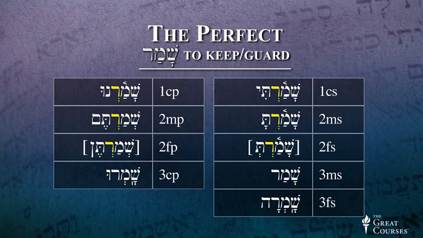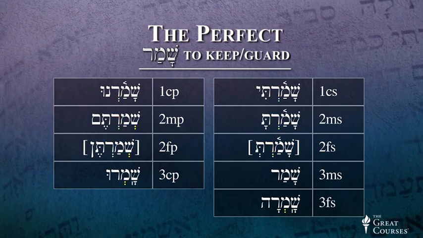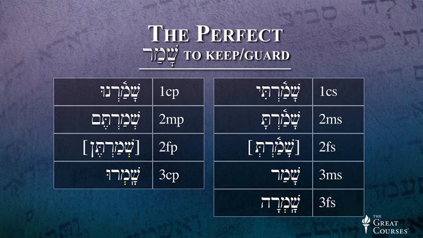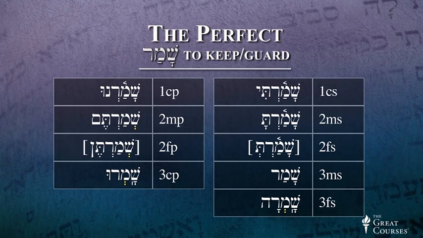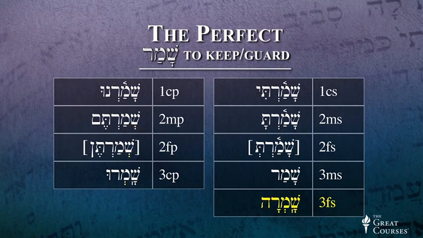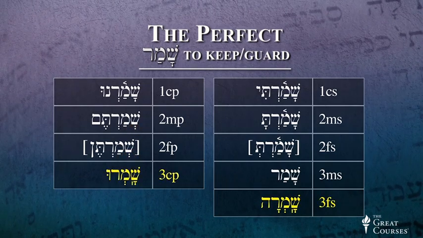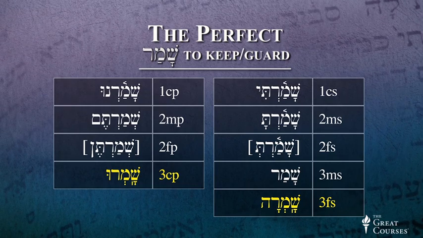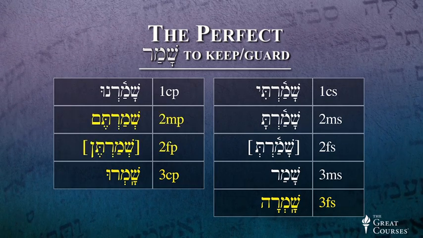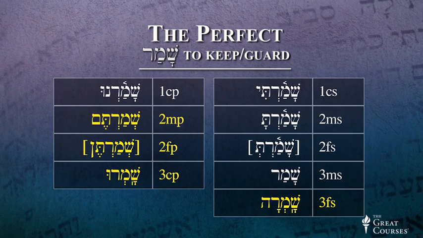But the other places you see a shva in this paradigm, this verb chart, is where a vowel is being shortened, contracted. There are 4 places where this happens. In the third feminine singular, shamra, and the third common plural, shamaru, and in the second person plurals, shimartem and shimarten.